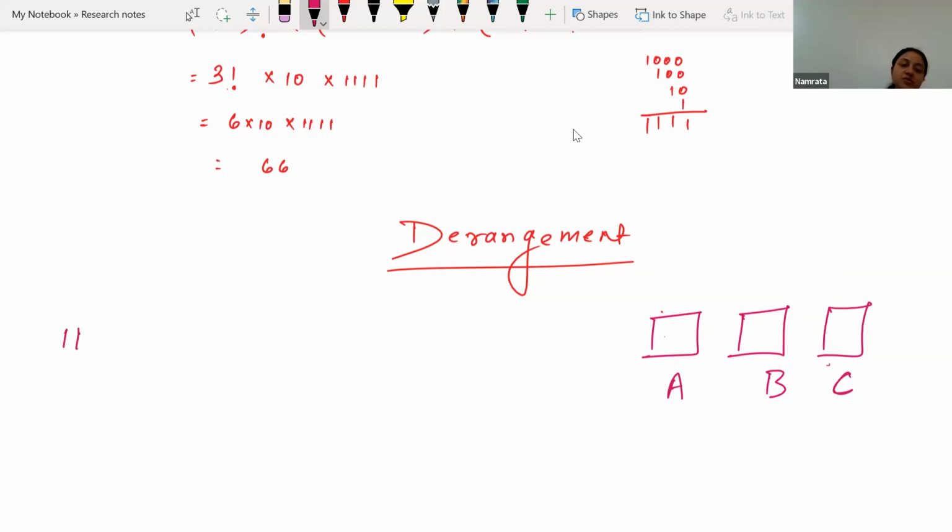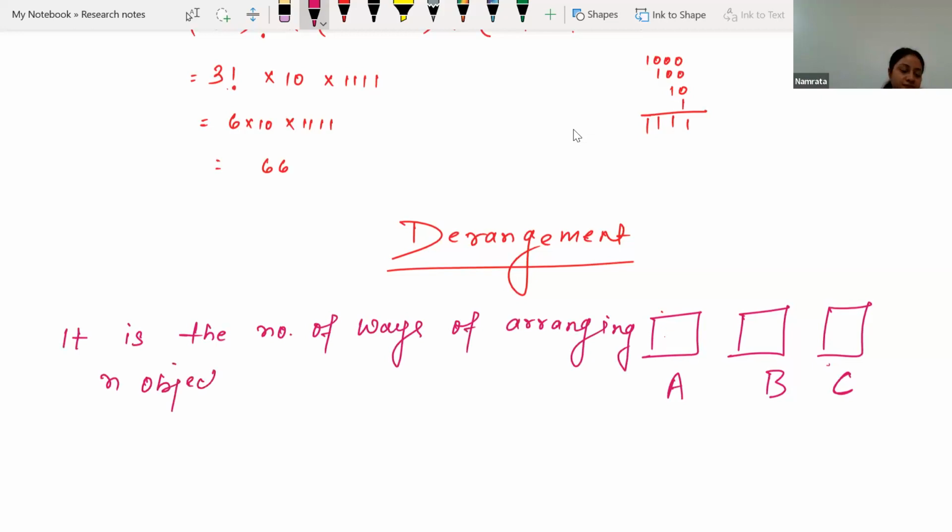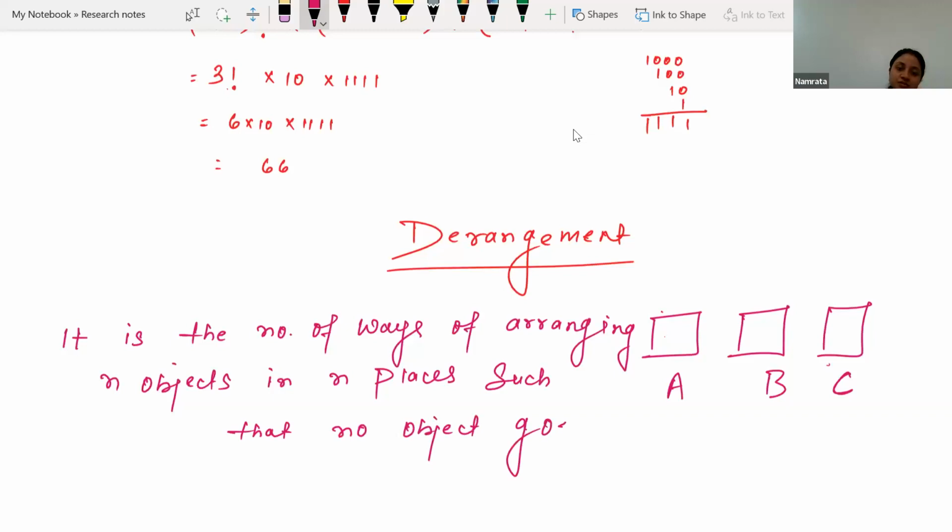So for now, we will be using the concept. It is the number of ways of arranging n objects in n places such that no object goes to its designated place.